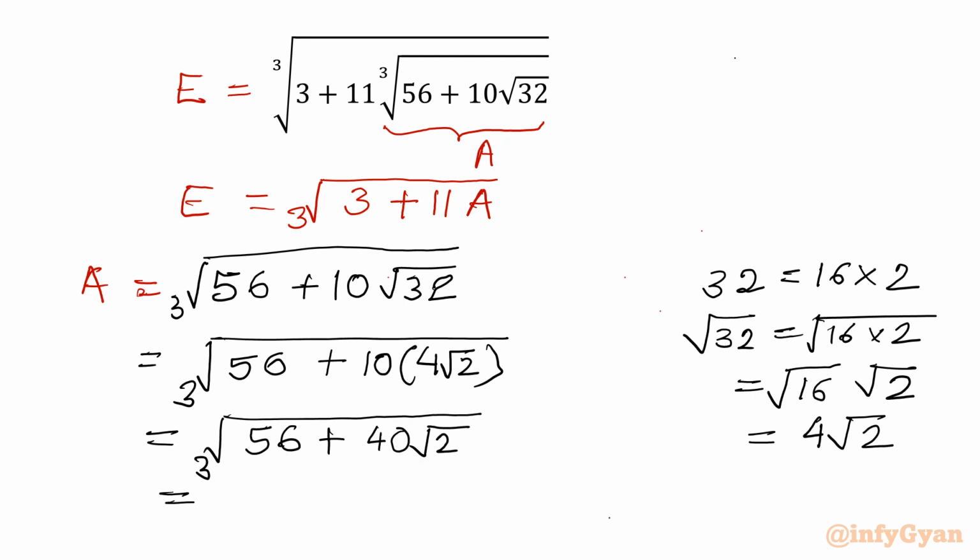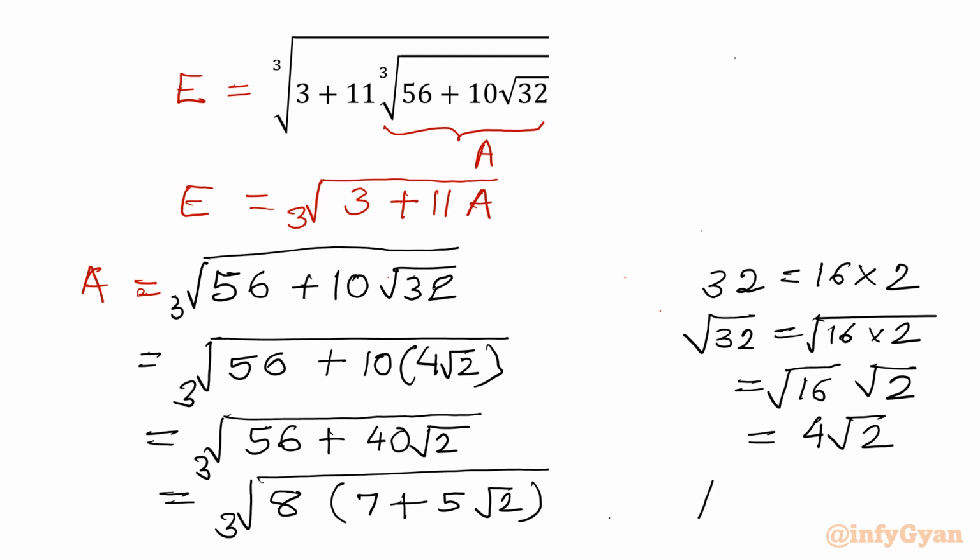Now I will write this cube root as 8 is common. So we can write 8 times 7 plus 5 root 2. Now using the same property, nth root AB is equal to nth root A times nth root B. So I can split these two numbers.